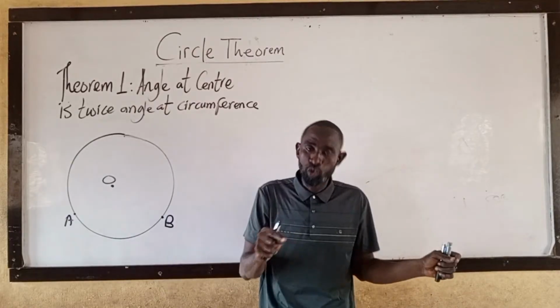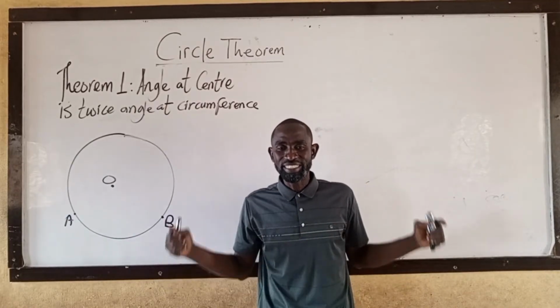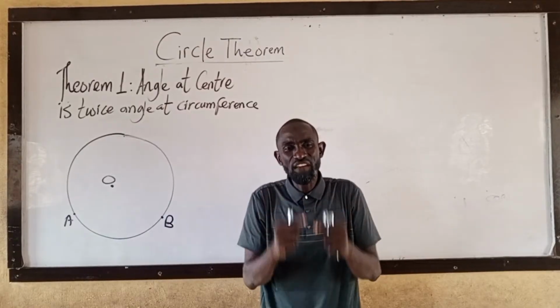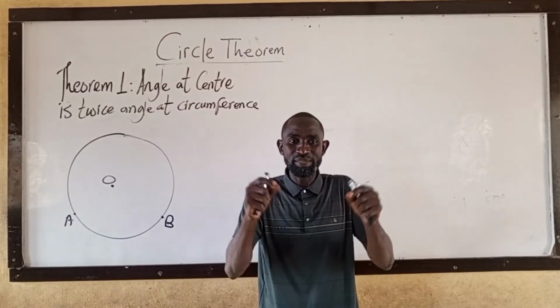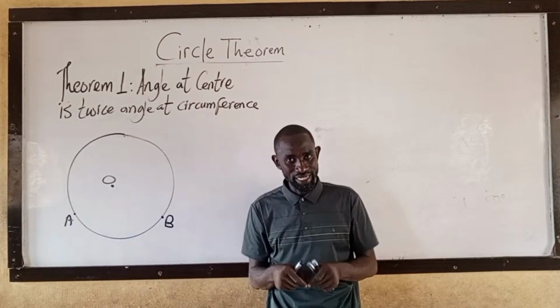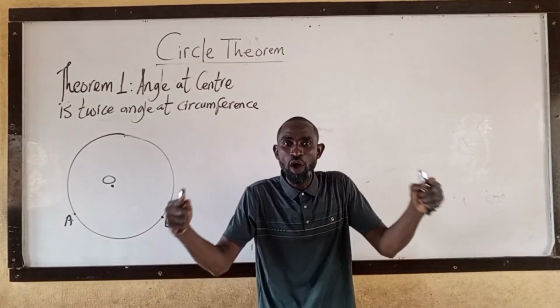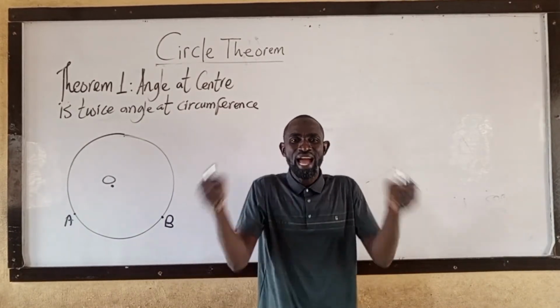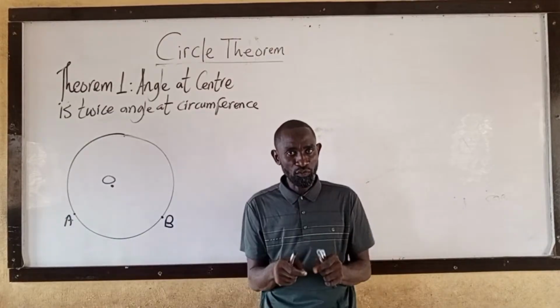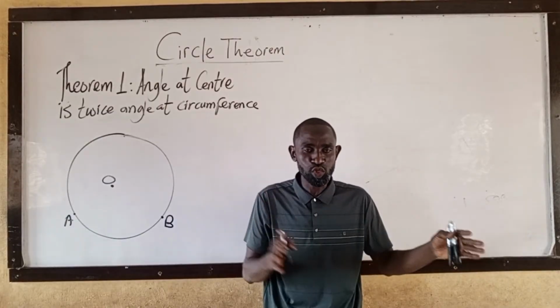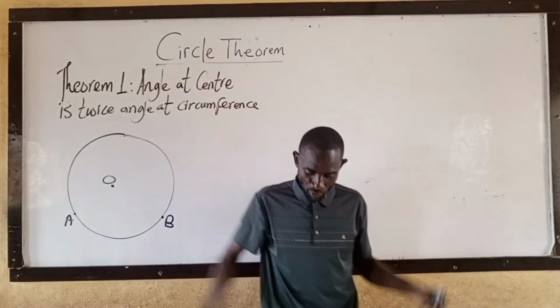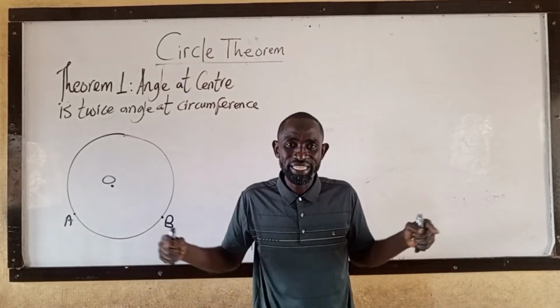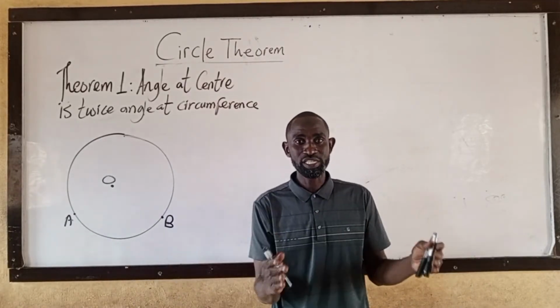Where did they travel to? Did they travel to the center? If they meet at the center, the angle will be at the center. If they travel to meet at the circumference, the angle will be at the circumference. So your job is just to spot 2 points that form an arc and see whether they travel to the center or to the circumference.